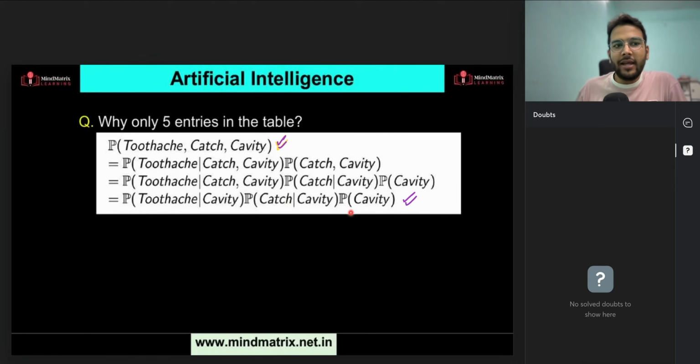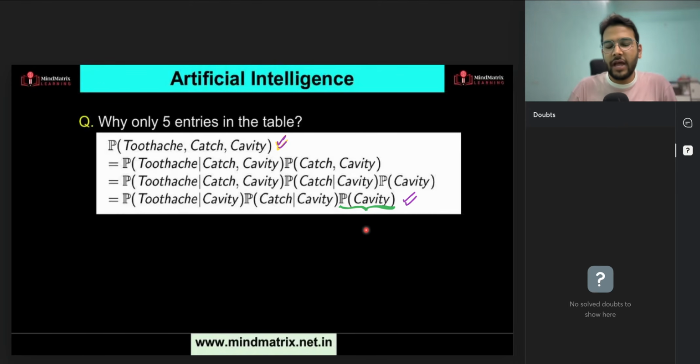Okay, can anybody tell me how many entries or how many parameters would be there for this particular term, probability of cavity? Think about it and let me know how many entries I need in the joint distribution table. Okay, Manjunath is saying 2. Anyone else?